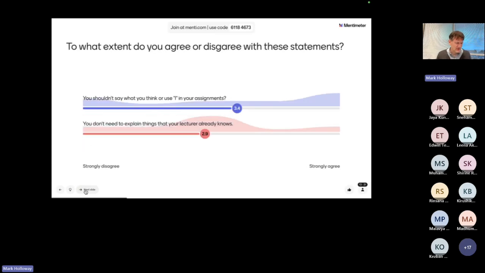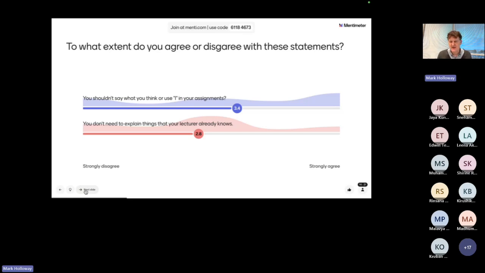You shouldn't say what you think or use I in your assignments. Well, it really depends on the assignment, and it depends on the subject area. In my own academic writing, I use the word I quite a lot. But some people ask you not to use I in academic writing, typically because they don't want you just to be relying on only your own experiences or opinions you had before you started your course or before you started reading.